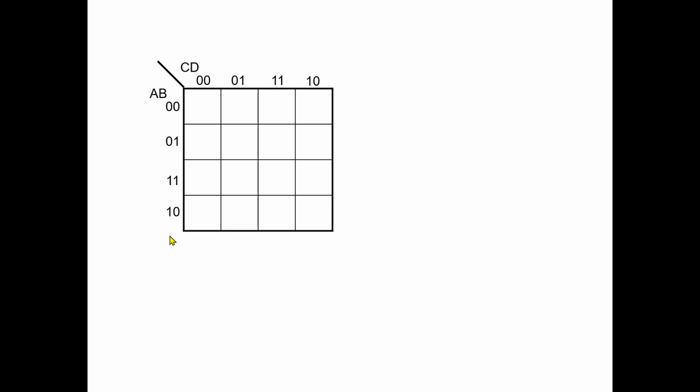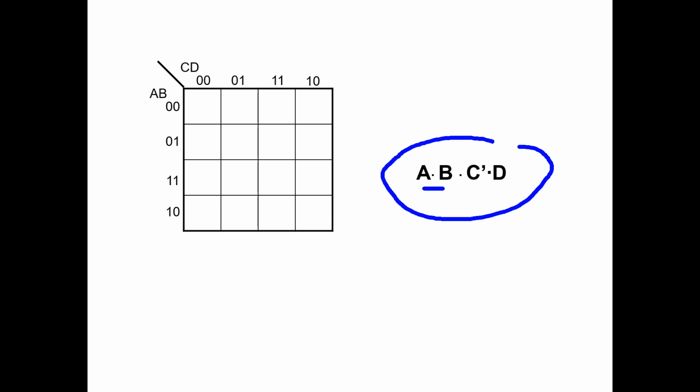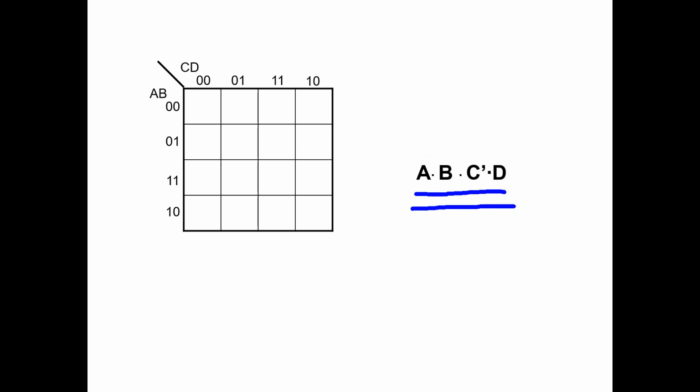Now, one more skill that you should have is that you must be able to map a product term to a K-map. Namely, you must be able to consider when this product term will be 1, that is, when the input value is what? 1, 1, 0, 1, right?